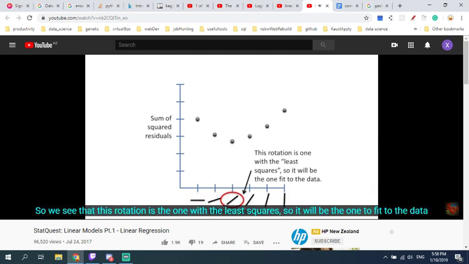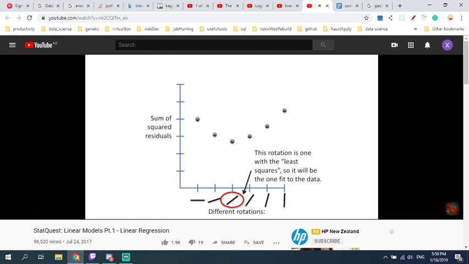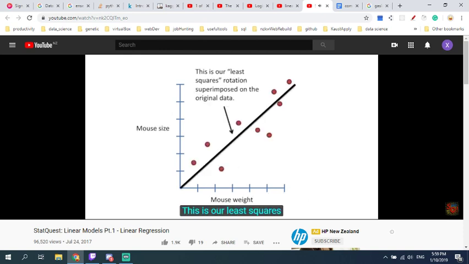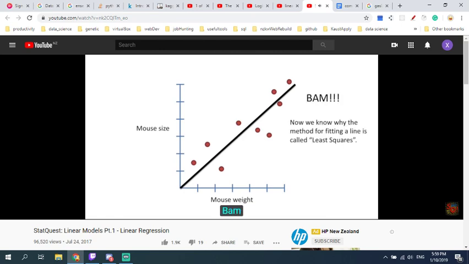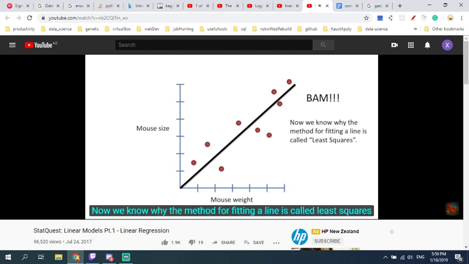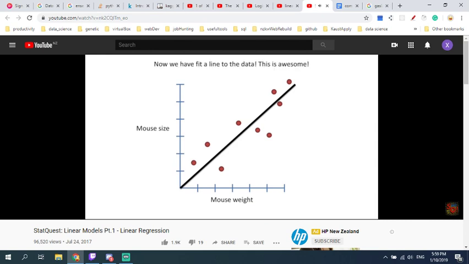So, we see that this rotation is the one with the least squares, so it will be the one to fit to the data. This is our least squares rotation superimposed on the original data. Bam! Now we know why the method for fitting a line is called least squares. Now we have fit a line to the data.